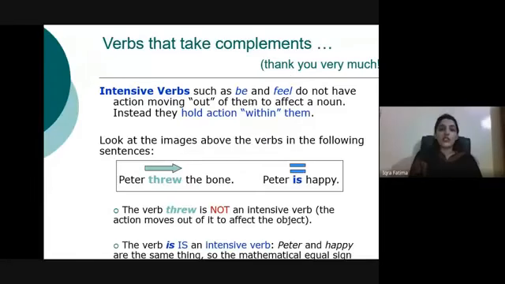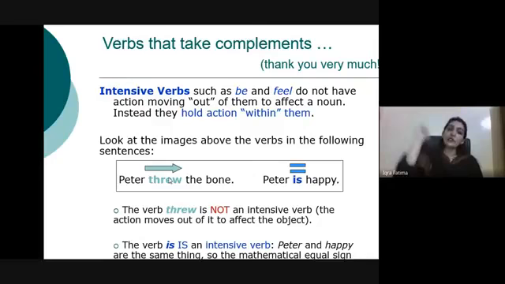Now you can see in these two examples the difference between an action verb and an intensive verb. If you understand the difference between action verb and intensive verb, then you will be able to understand the difference between object and complement. First, Peter threw the ball. Now, threw is a verb by which you are performing an action. You are throwing.